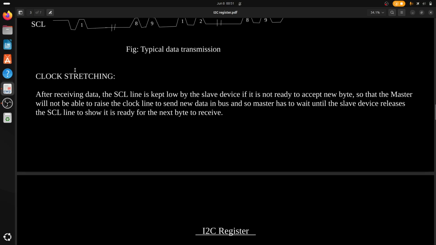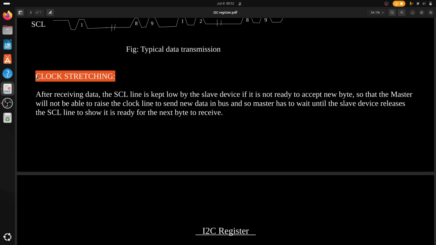So that's it. And clock stretching is the condition when the SCL line is kept low and not released by the slave device after receiving the data sent to it, because it doesn't want to receive any more data. So the clock needs to be held for some time until it releases the clock line.